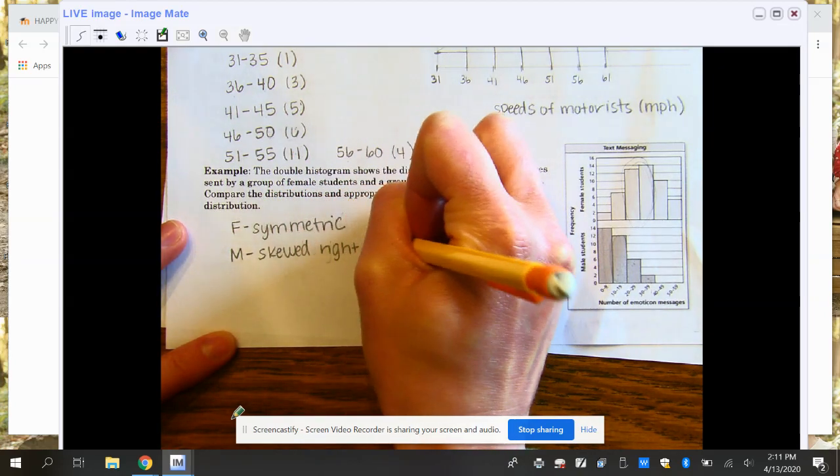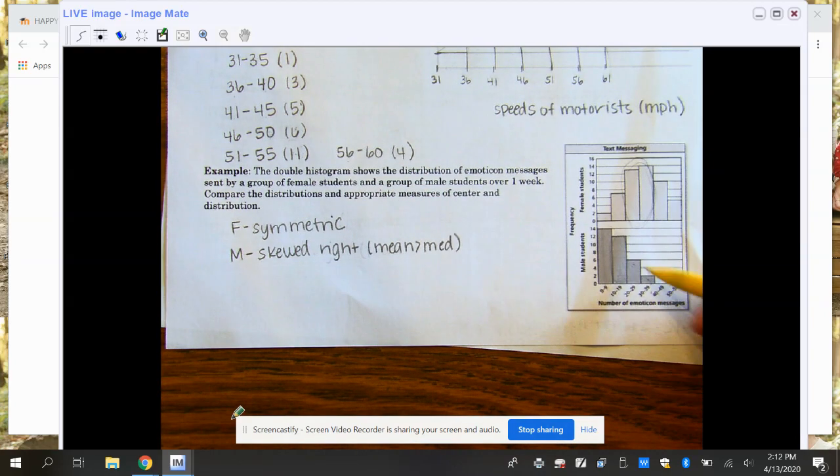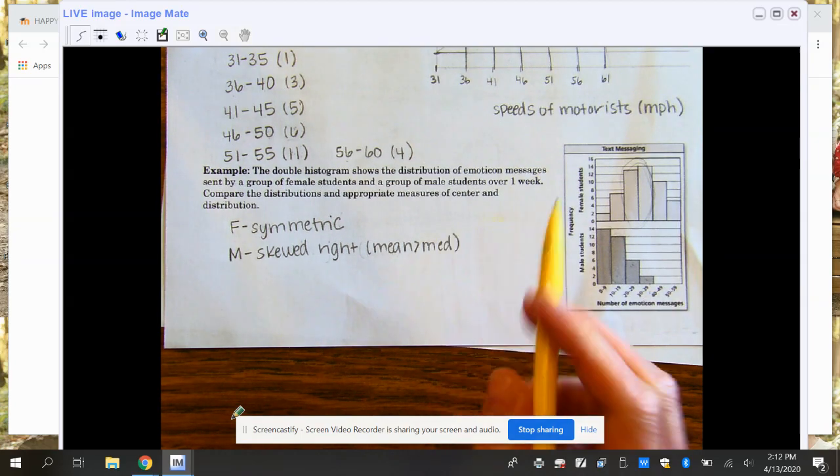And remember, that means your mean would be bigger than your median. So these guys are pulling, since our highest value is 39, that 39 is going to pull the mean higher. Okay.